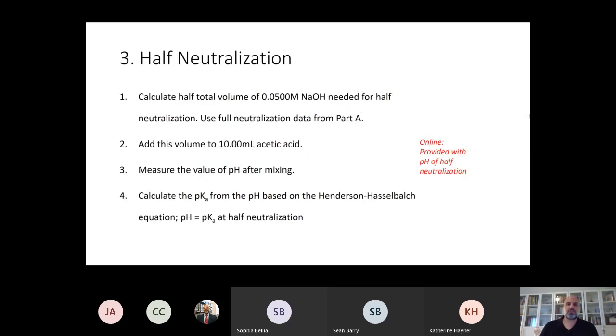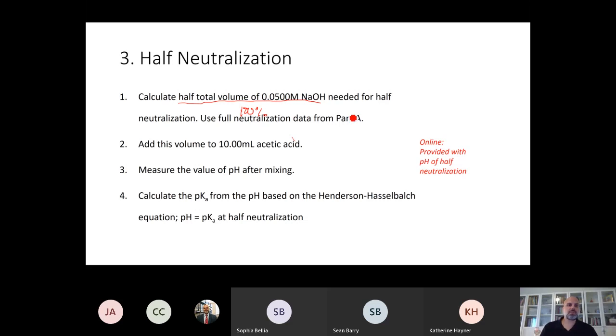Next one is simply, we know what the 100% point is from part A, right? Full neutralization, so we know what the 100% point is. So from there, we can calculate half of that total volume, because we know what the volume was that we needed to get to the full 100%. We just calculate half of that volume of the sodium hydroxide solution.